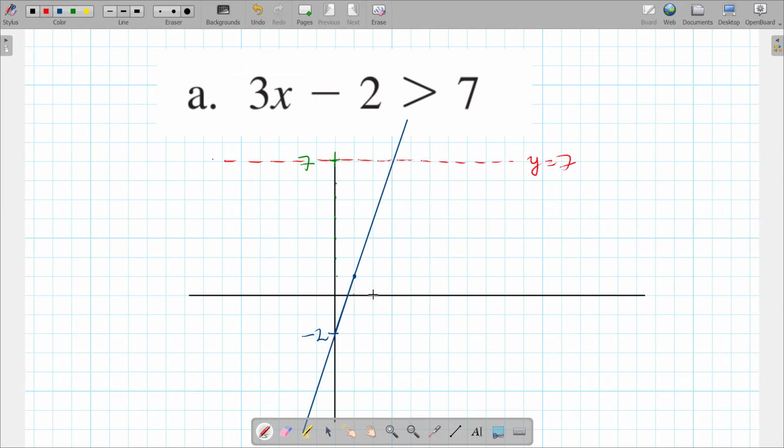That point is 1, 2, 3. That point right there is (3, 7). So what this question is asking you is for which x values, it's going to be a range of x values, do we want the blue line, 3x minus 2, to be greater, meaning over or on top of the red line. What's the answer to this question?